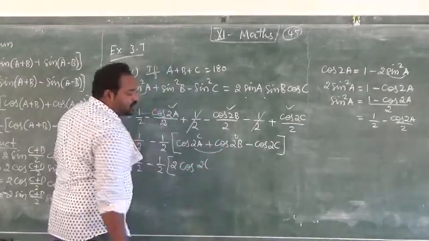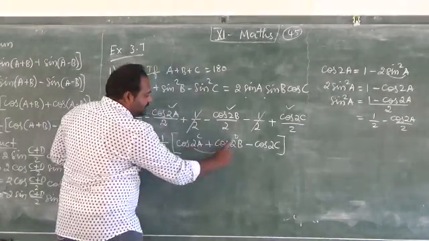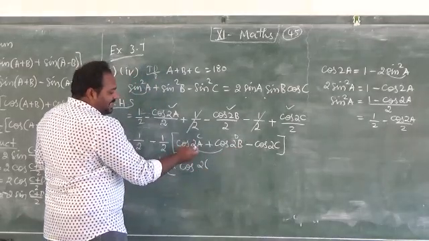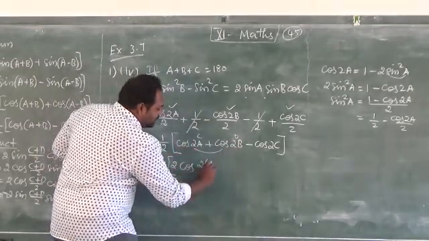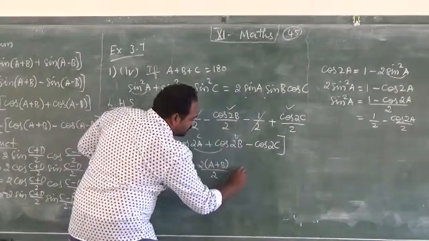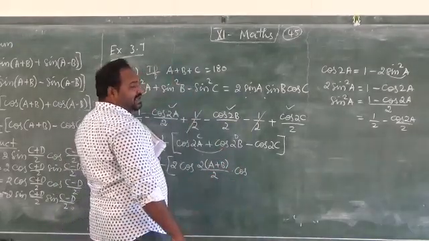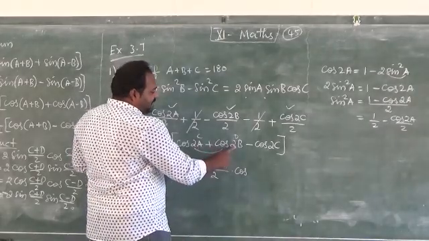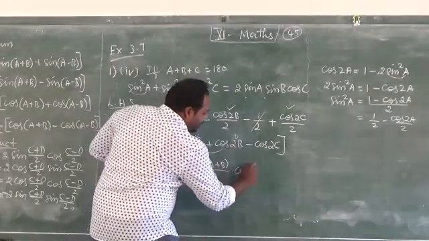I can take a 2 commonly outside because here 2A, here 2B. So I am taking 2 outside, then the remaining A plus B by 2 into cos C minus D by 2, that is 2A minus 2B by 2. The 2 I can take commonly outside.